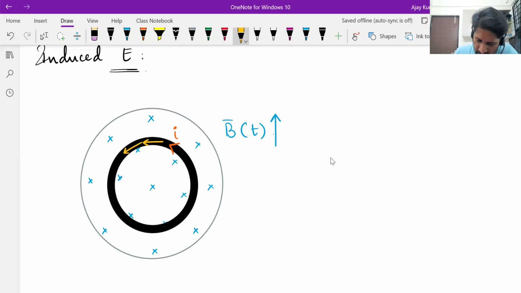As I said, induced electric field lines form closed loops. So you can imagine an electric field line like this. It has to be a circle actually, but just for visualization, the electric field will be in the tangential direction at each point, I'm showing small arrows.